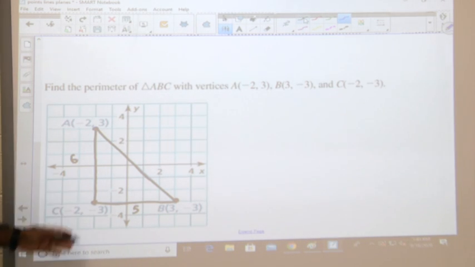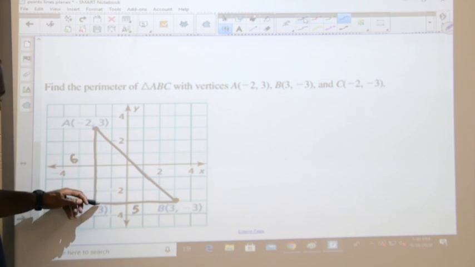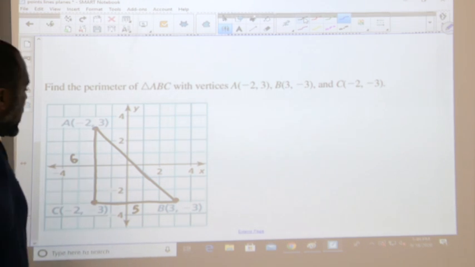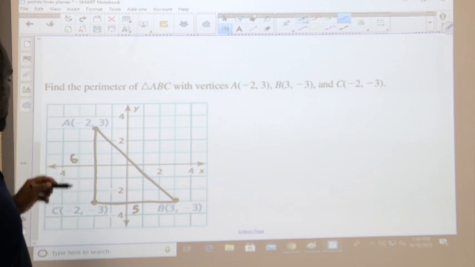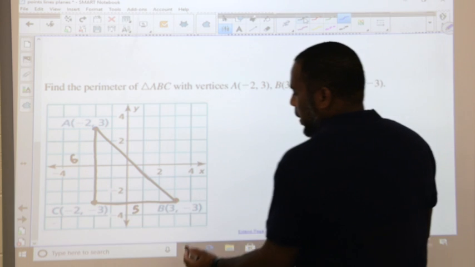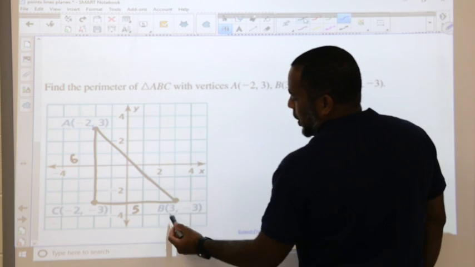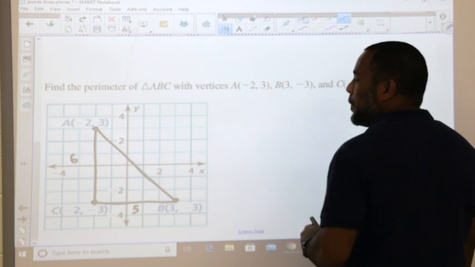We would actually use the ruler postulate. This is in the y direction, so we're looking at 3 and negative 3. From A to C is going to be 3 minus negative 3, which is going to give us 6. Likewise, here in the x direction, I could say the ruler postulate again, 3 minus negative 2 is going to give us 5.